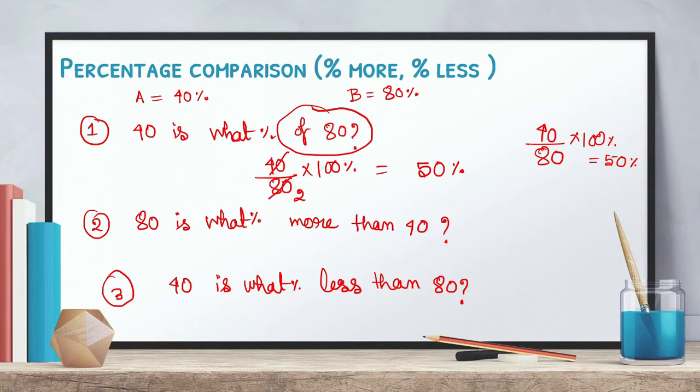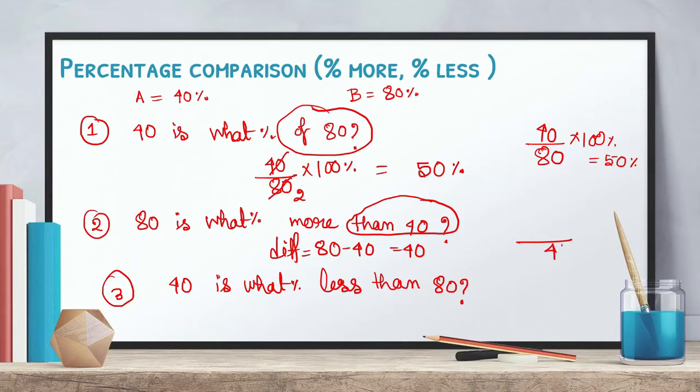Okay, let's have a look at our second question. 80 is what percentage more than 40? So in this question, we need to find the difference at first. What is the difference between 80 and 40? The difference is equal to 80 minus 40, that is 40. And whatever comes after "than" will be in the denominator. So after "than" it is 40.